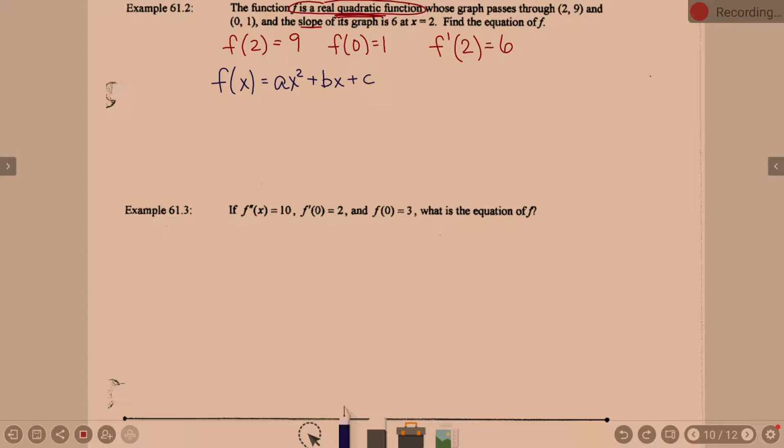I agree. And the easiest way to show that would be if you find f of 0, so putting 0 in for x: a times 0 squared plus b times 0 plus c, and f of 0 equals 1, correct? So if you plug in 0, the equation it creates is just c equals 1.